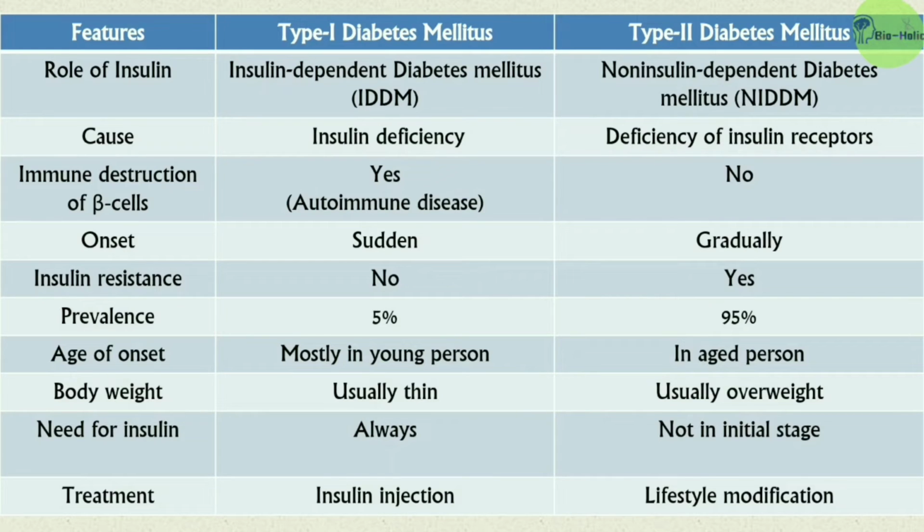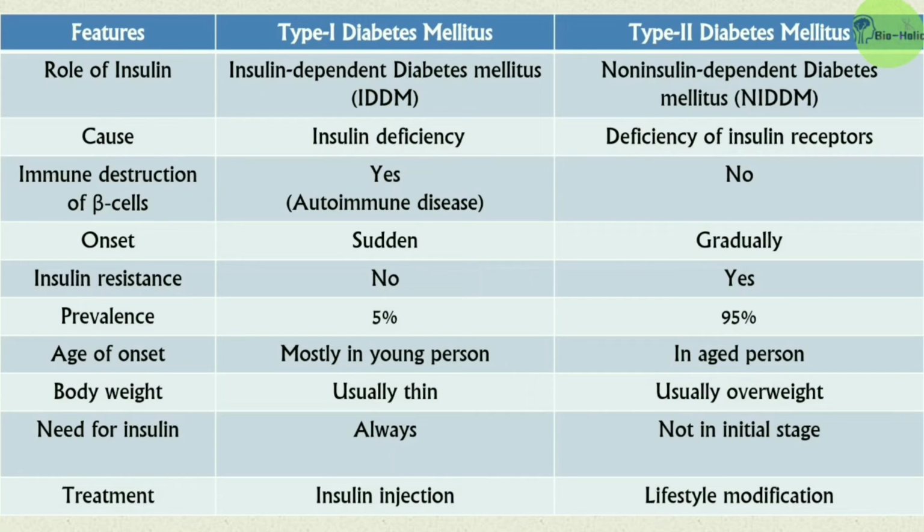Type 1 can start suddenly, but type 2 starts gradually. In type 1, there is no insulin resistance, but in type 2, there is. The prevalence of type 1 is only 5%, but the prevalence of type 2 is 95%.